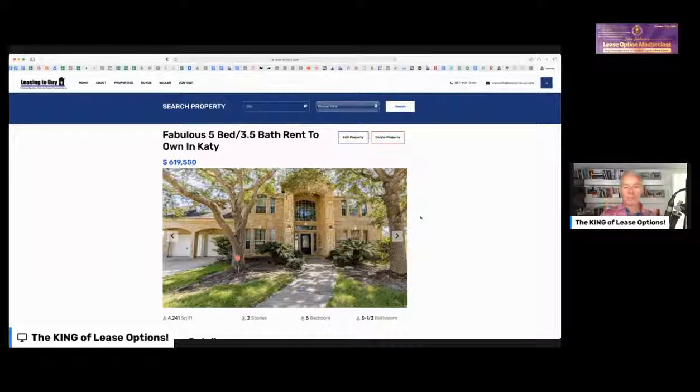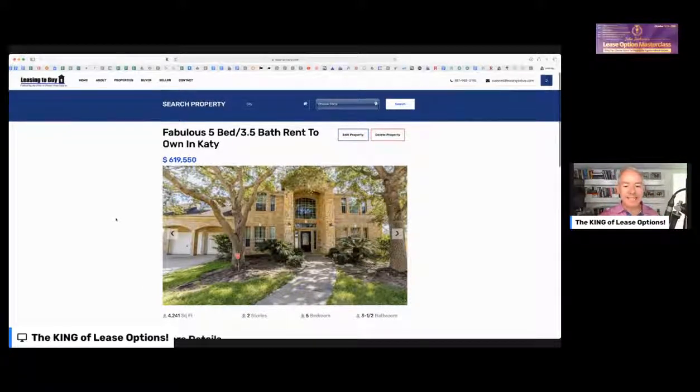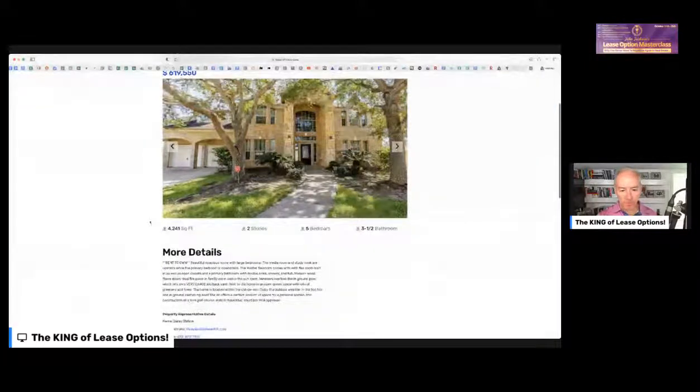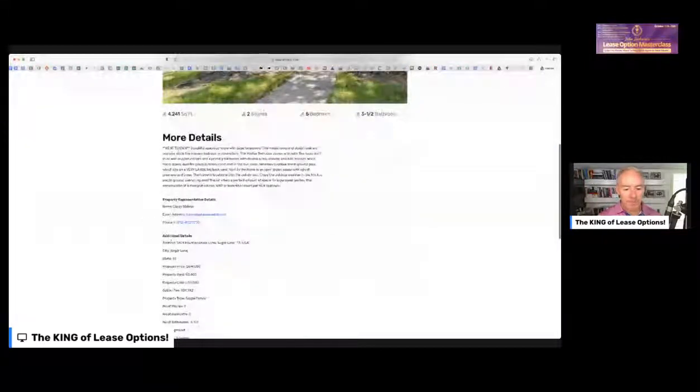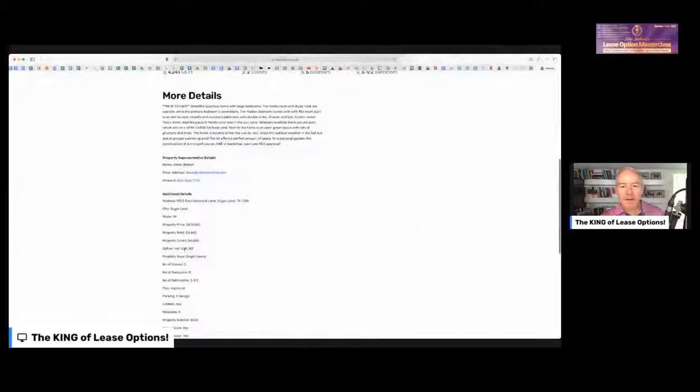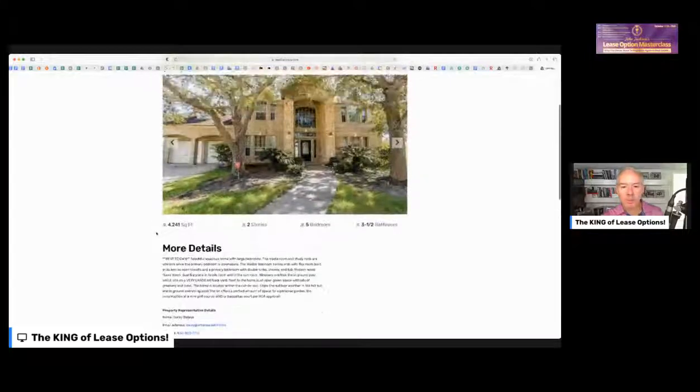So here's this house we just got in Katy, Texas. $619,000 house. Beautiful house. He's got almost $25,000 as his option fee in this, so he'll make almost $25,000. It's $3,400 a month, which is a pretty good deal for that house.